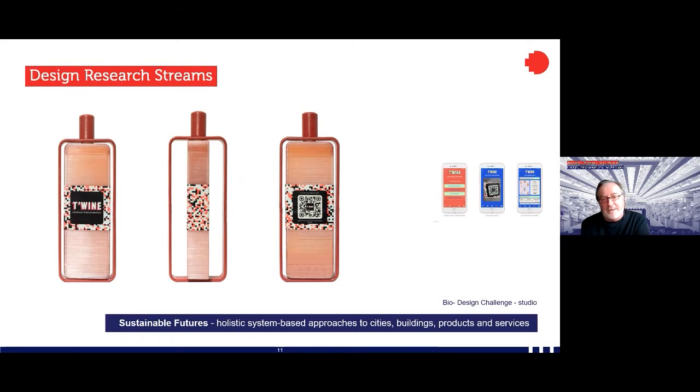This then is probably on the other scale. This is on the microscopic scale, if you like. We have a whole stream of research into biodesign, and each year the students partake in the Biodesign Challenge in New York and develop projects, and 30 universities from around the world then meet in New York, have an exhibition at the Museum of Modern Art and a seminar at Parsons University, and share the latest research into biodesign.